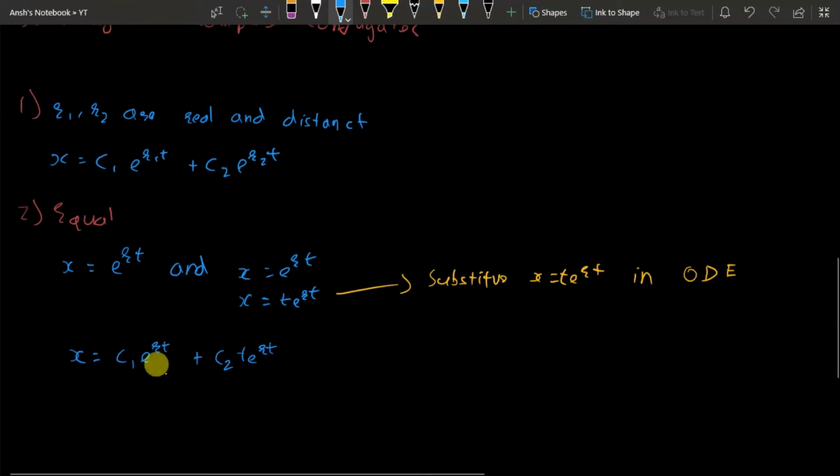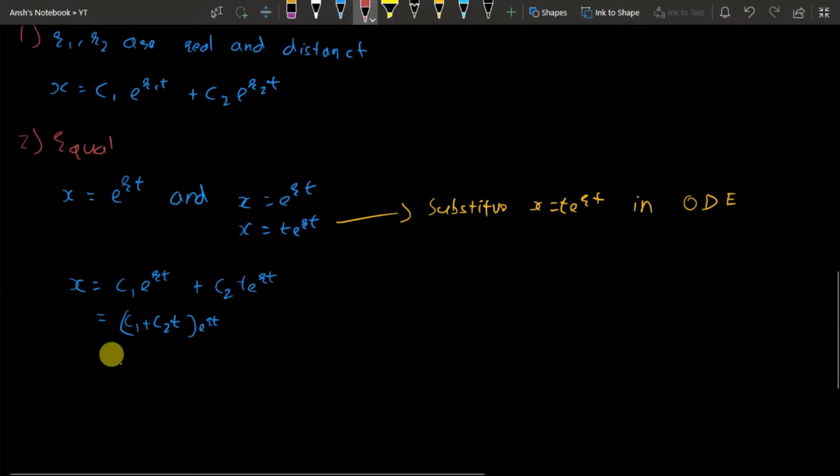This is also called a linear combination. This is often written in the form c1 plus c2t, with e raised to rt common. This is the general form of the solution when two roots are equal.